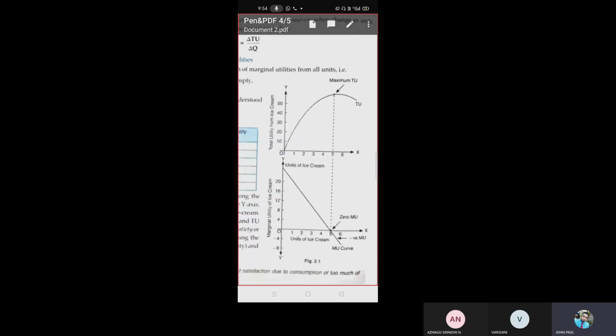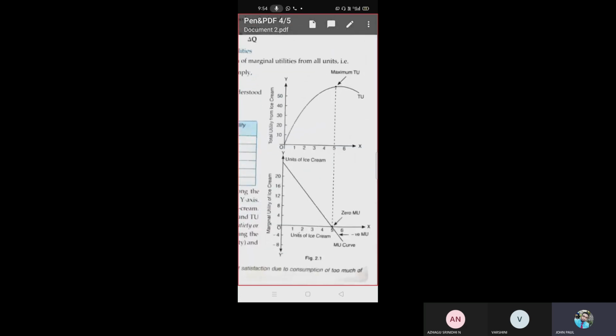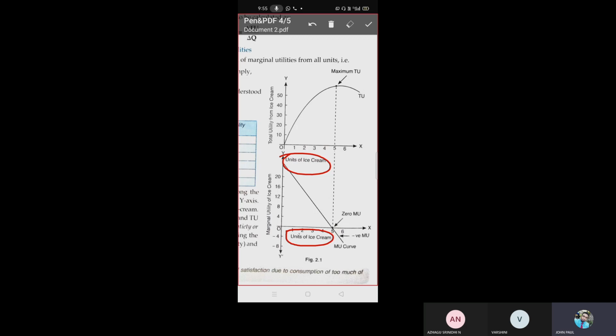Now, next we will go for the graph. So now let's plot a graph. I have taken the X-axis and Y-axis. On the X-axis, I have taken units of ice cream, and on the Y-axis, total utility in one graph and marginal utility in another graph.